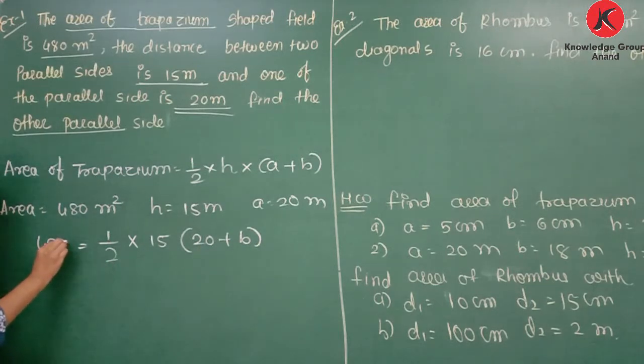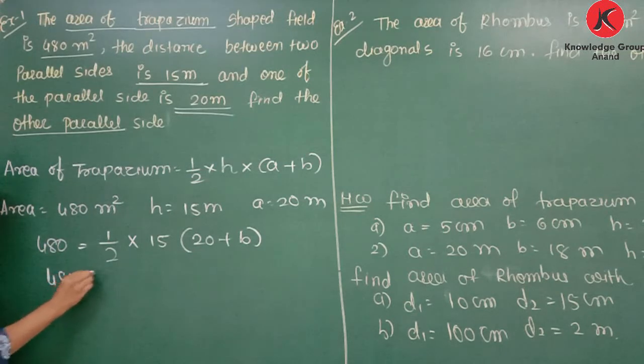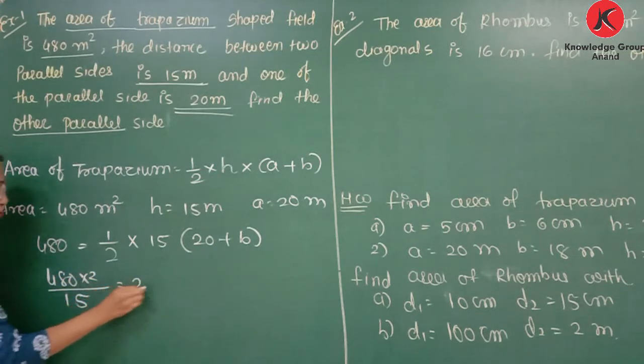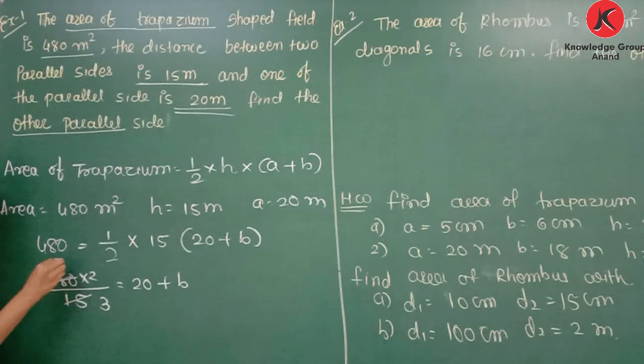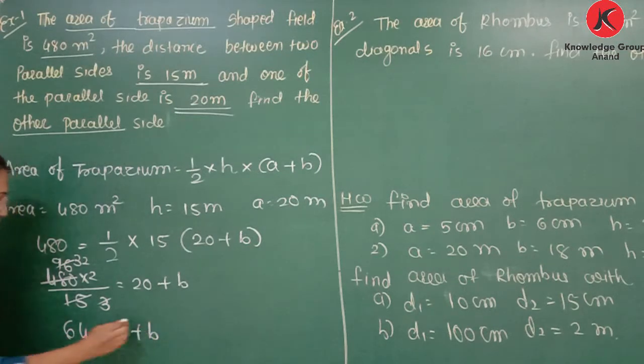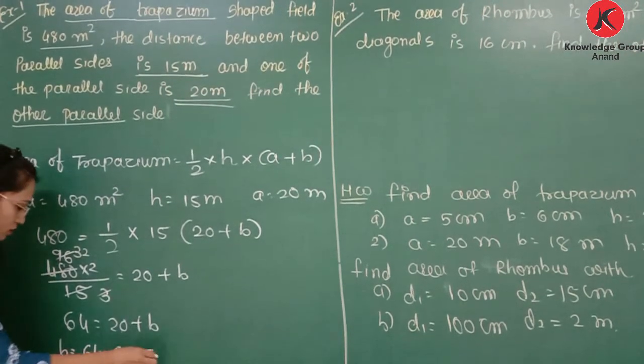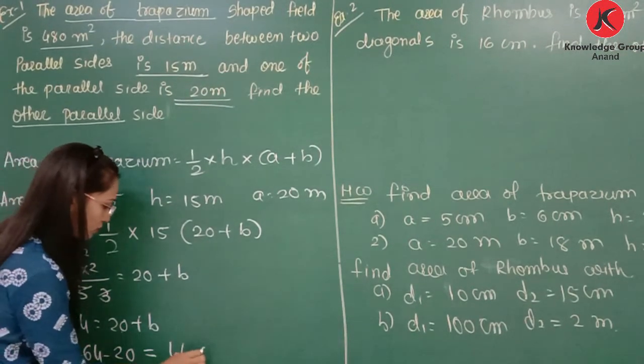Take this 2 and multiply, and 15 in a divide. So 480 multiply 2 divide 15 is equal to 20 plus b. Now divide 480 by 15. So it is 64 is equal to 20 plus b. Take 20 to the right side, so b is equal to 64 minus 20. So that will give 44 meter.